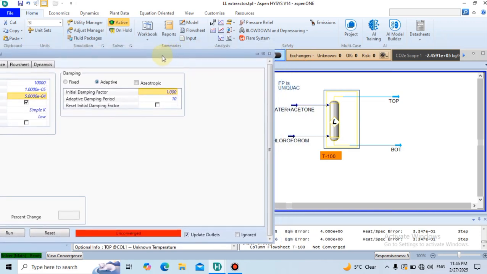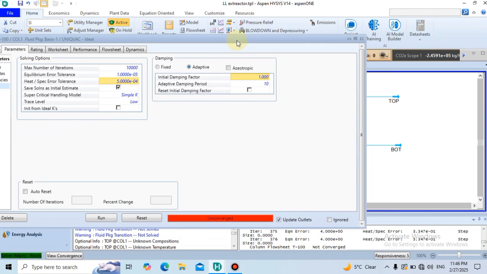Actually, it has difficulty finding that specific point for our desired need. So if you have a case where you have an azeotropic point or something like that, you can activate this option and run your simulation. Otherwise, which is the case here, we do not have any azeotrope, so we need to adjust the initial damping factor.